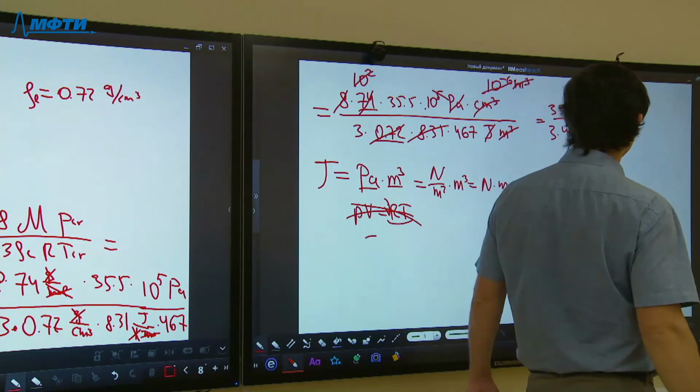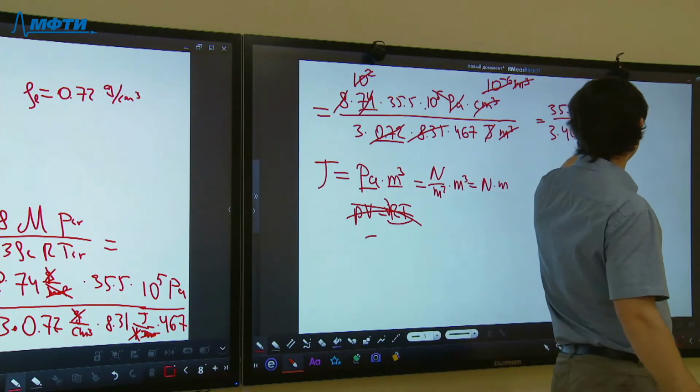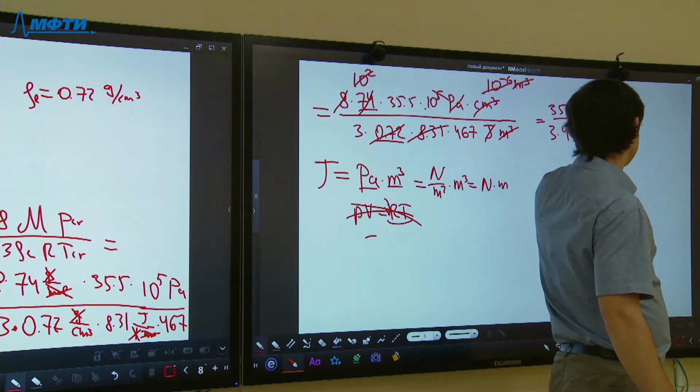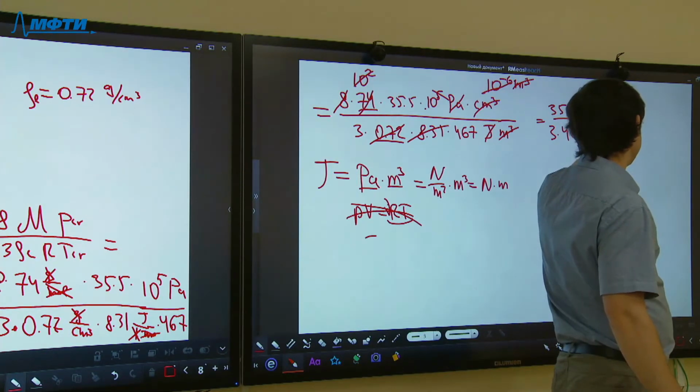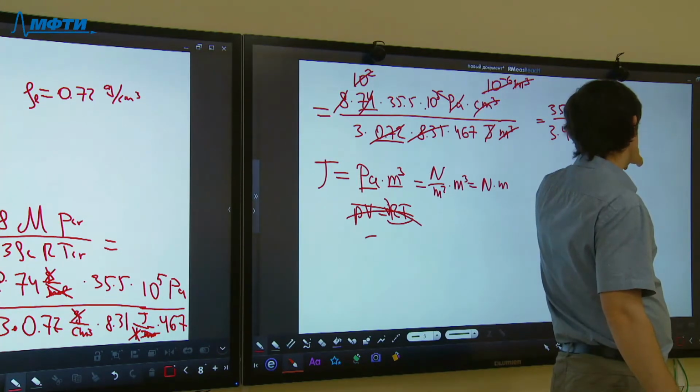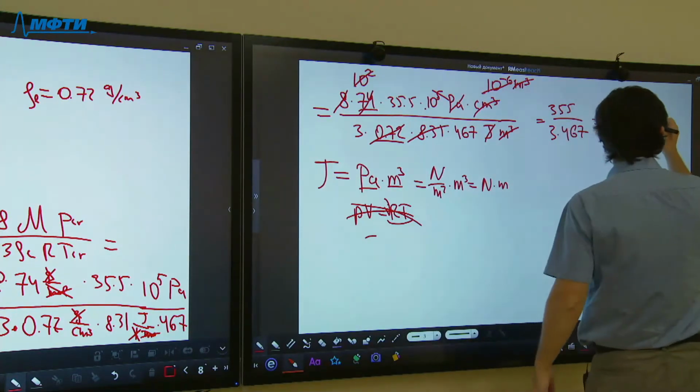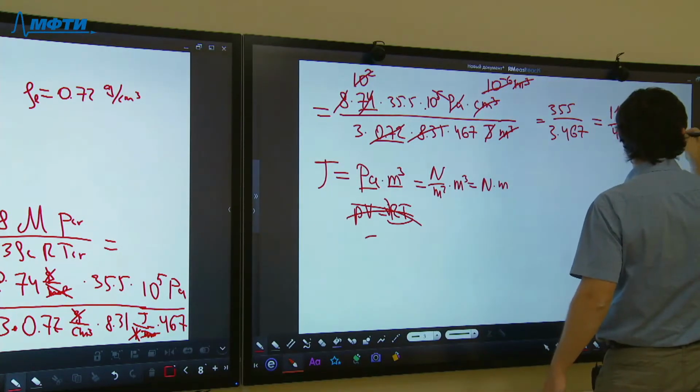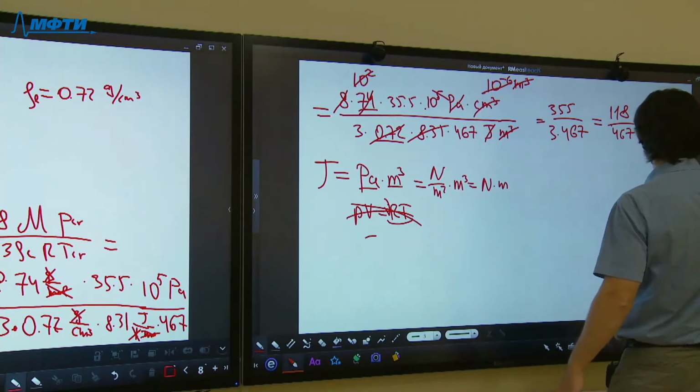And if I multiply this by 4, what would I get? I would get 4, here 4, so I would get 472. That's approximately equal, so this is approximately 1 over 4, so 0.25.